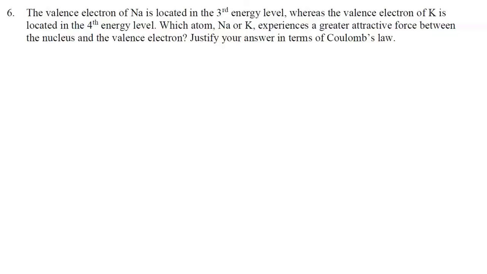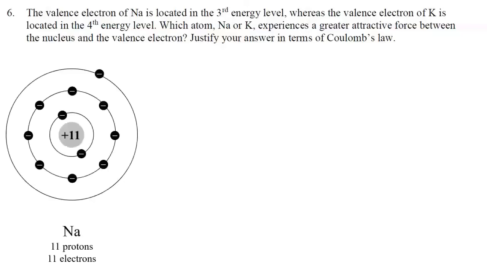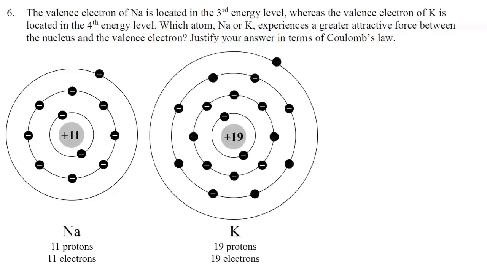So here is our model of the sodium atom, 11 protons, 11 electrons. And then here is our model of the potassium atom with 19 protons and 19 electrons. You might be thinking that positive 19 is a greater magnitude than positive 11, and somehow that would be important.